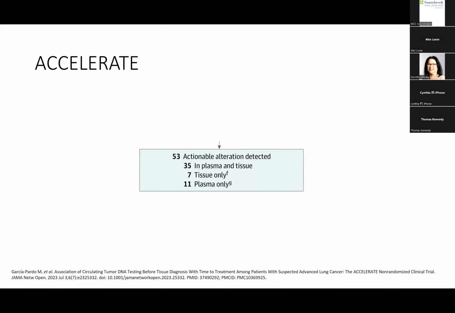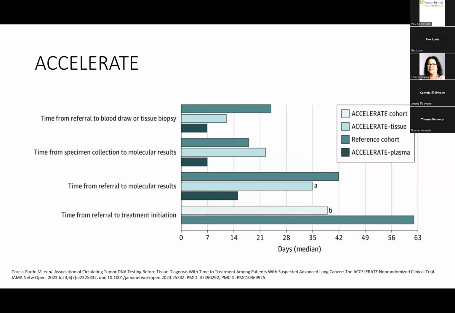Looking at the outcomes from this trial, we can see here on this time to referral to biopsy, results, and treatment initiation, that in the cohort that had both normal tissue biopsy and plasma ctDNA biopsy, there was a significantly shorter time from the referral to the treatment initiation.